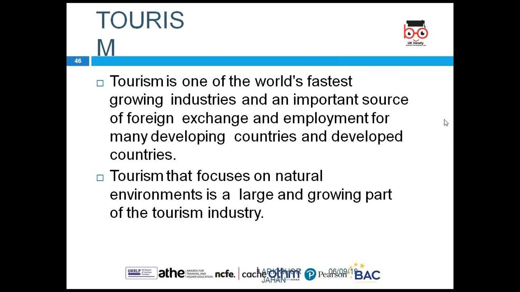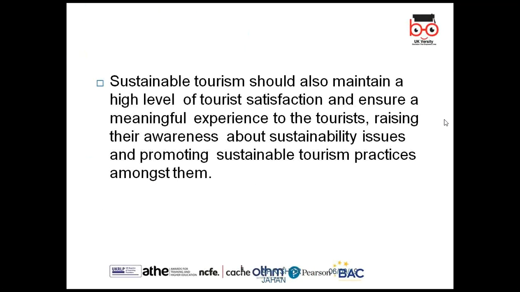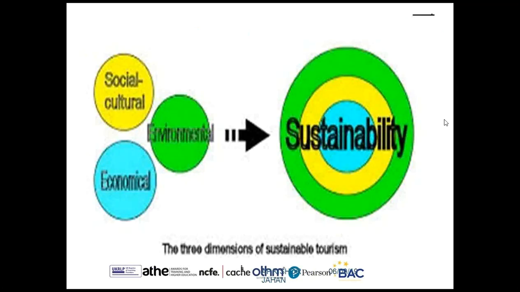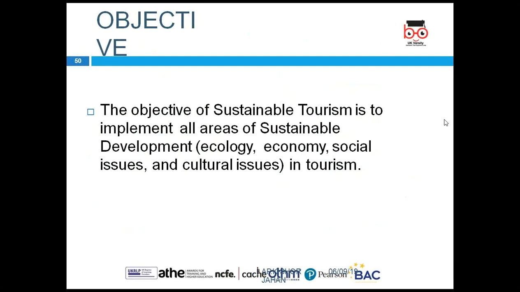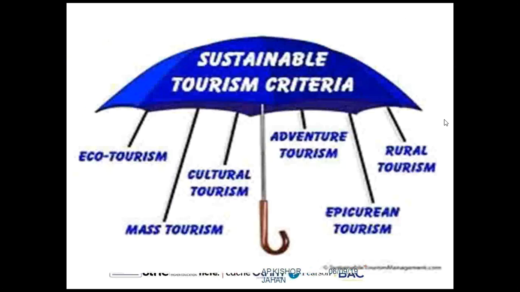Tourism is one of the world's fastest growing industries. We already discussed that sustainability is crucial, along with a sustainable environment. The objective of sustainability is to implement the areas of sustainability: ecology, economics, and social.